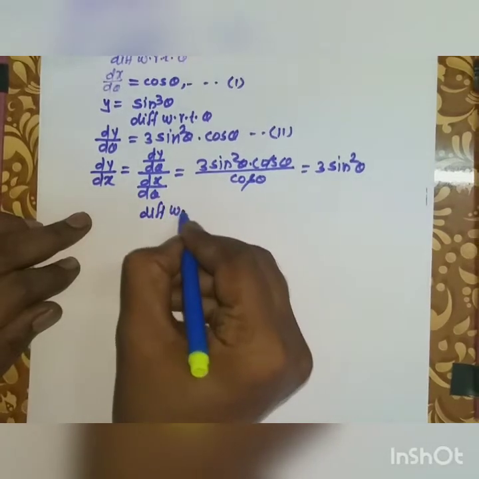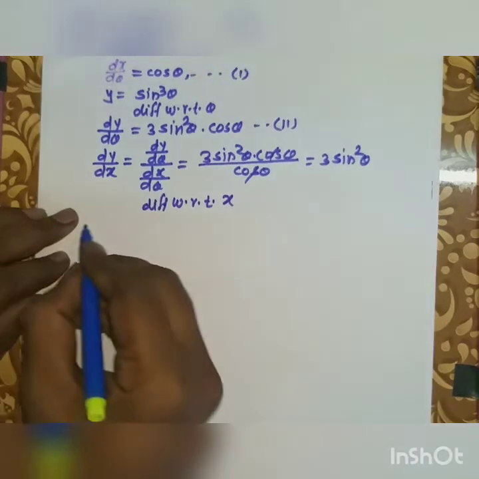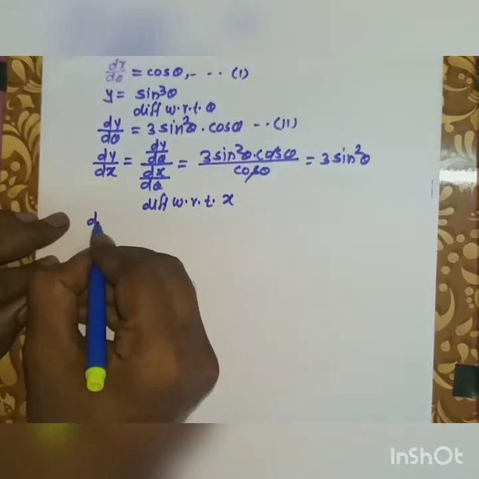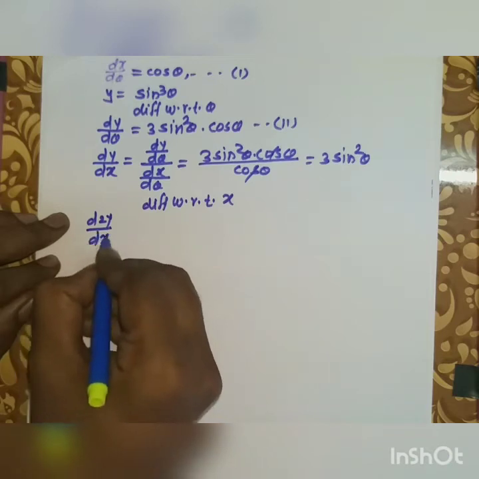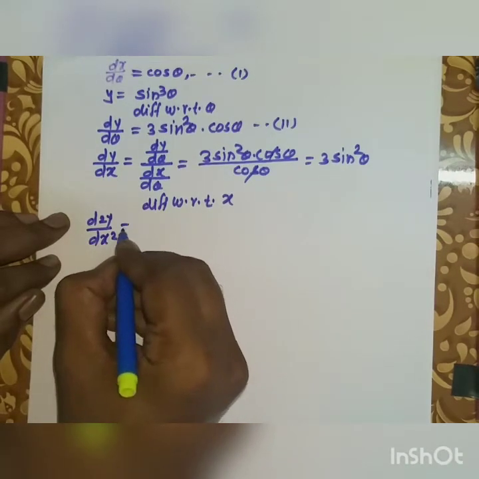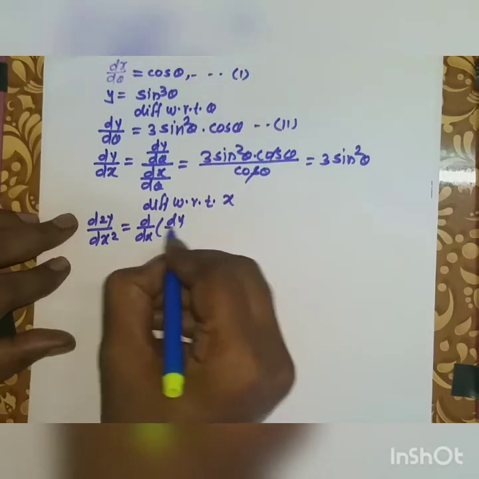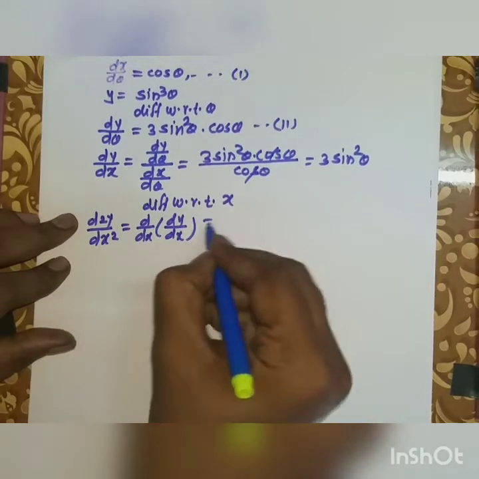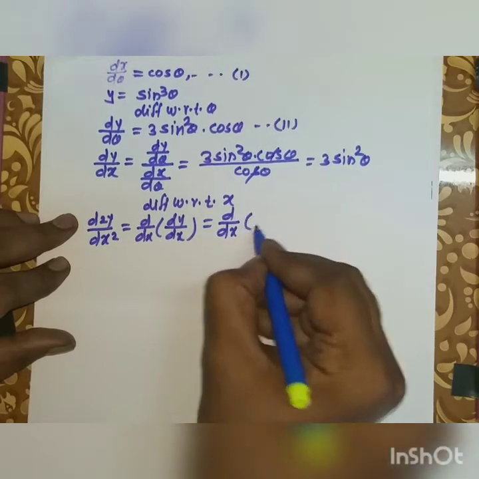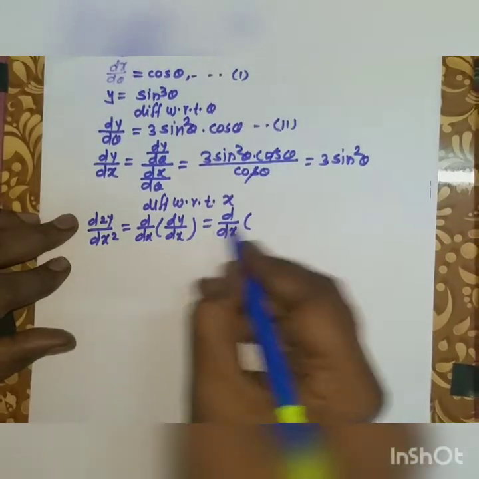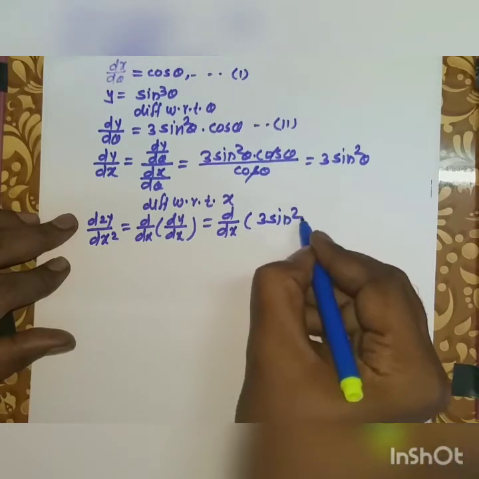Differentiate with respect to x, d2y by dx square, or d dx of dy by dx, is equal to d dx of the value of dy by dx, which is 3 sin square theta.